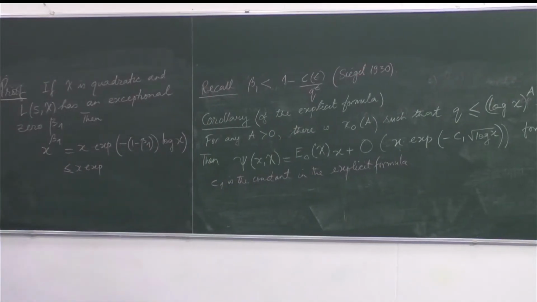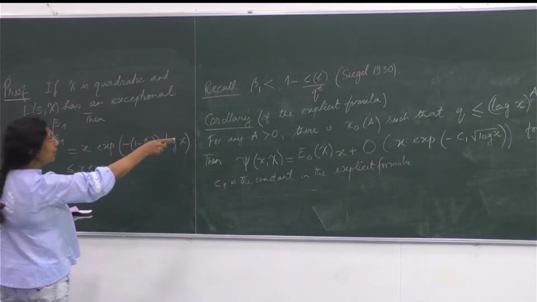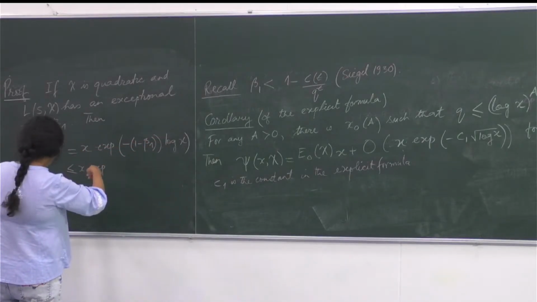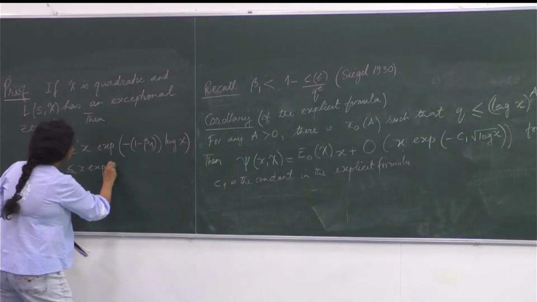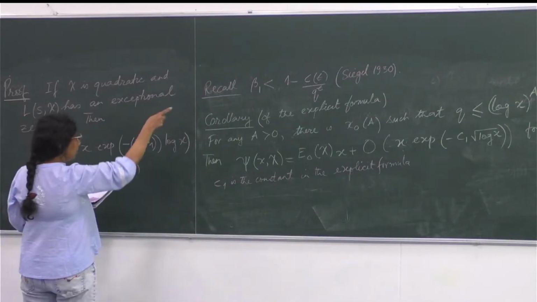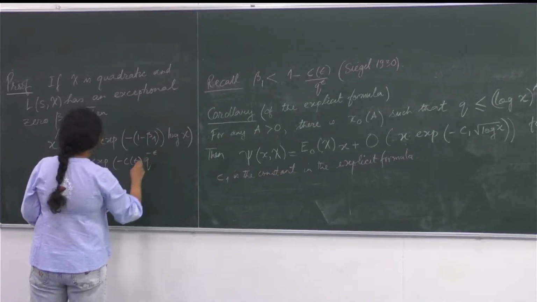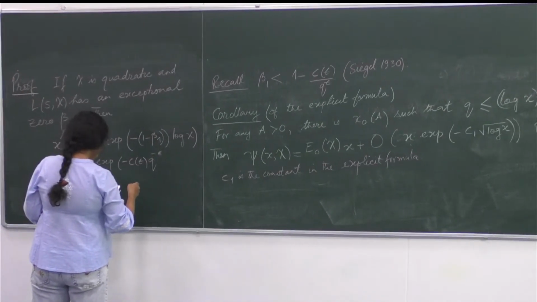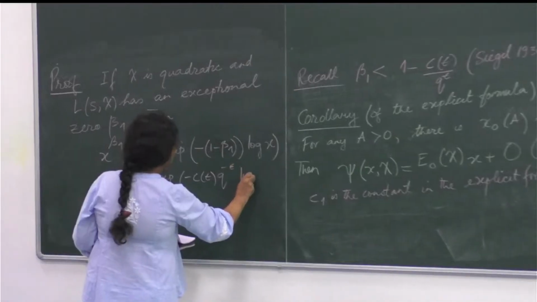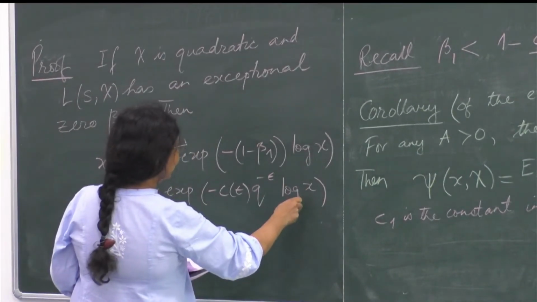So now I can use the fact that this can be bounded by minus c epsilon q to the power minus epsilon log of x. So this is Ziegel.